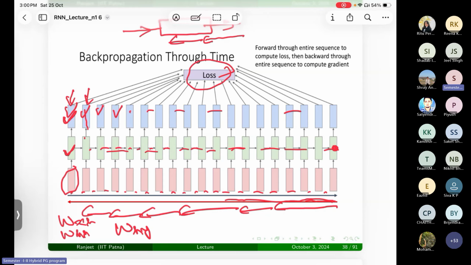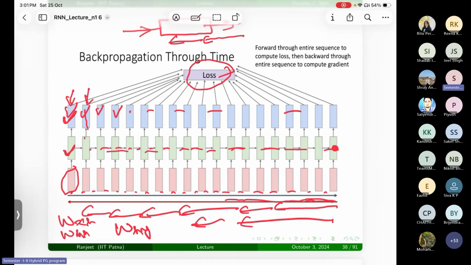If that is happening, you will not be able to train it in a proper manner, because you are just waiting for 2 days, or 1 day. And once you process every input, then at the end you are aggregating all the loss, and then you are going back. It's a very time consuming process.